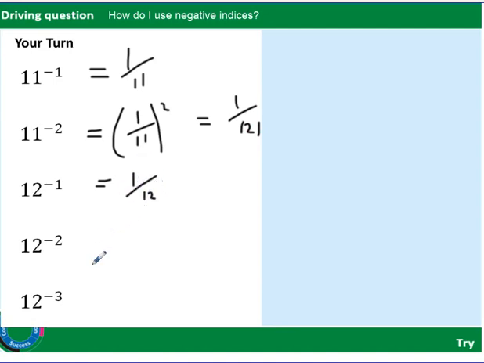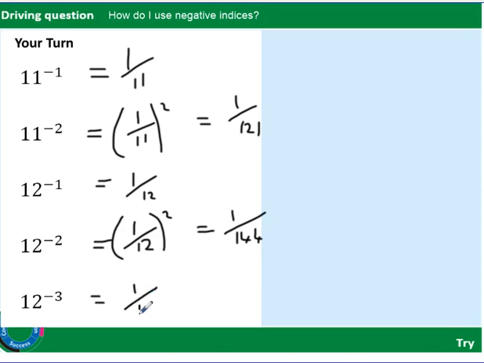We could say to the power 1, but we know that would give us the same answer. 1 over 12 squared, which is 1 over 144. 1 over 12 cubed, which is 1 over, I have to use a calculator here.